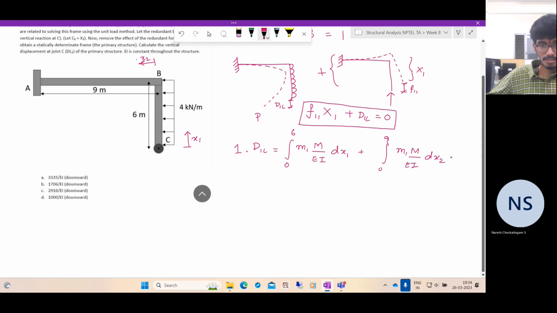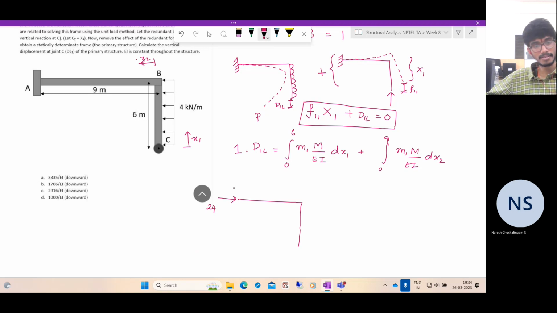Now let us determine the bending moment diagrams for this. For the primary structure, what does it look like? You start from the bottom. So this is kind of a cantilever. Here you'll have a quadratic distribution. Or even before that, determine the reactions, right? Will there be any vertical reaction? No, there won't be any vertical reaction. There's a horizontal reaction of how much? The horizontal reaction is equal to 4 into 6, which is 24.